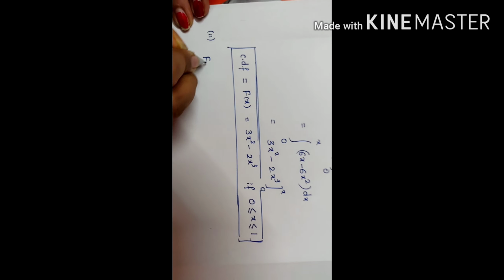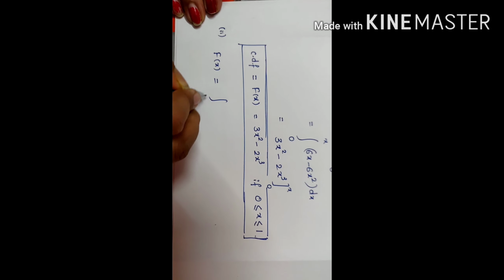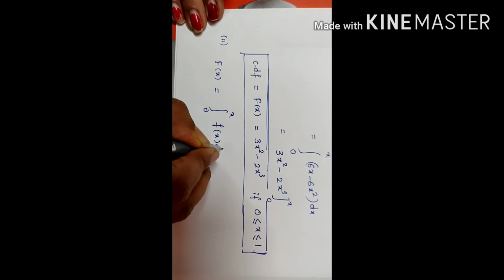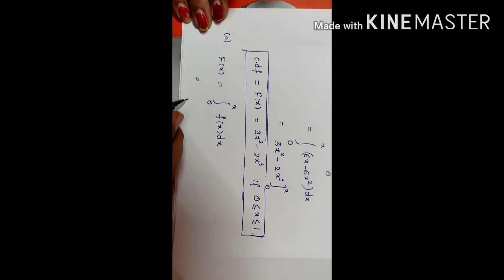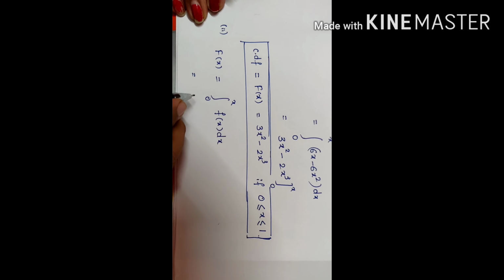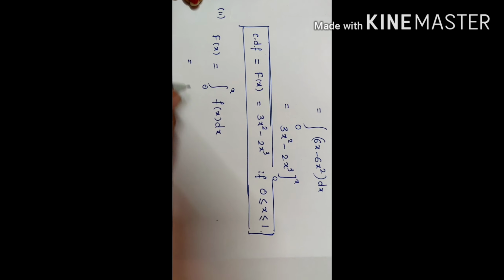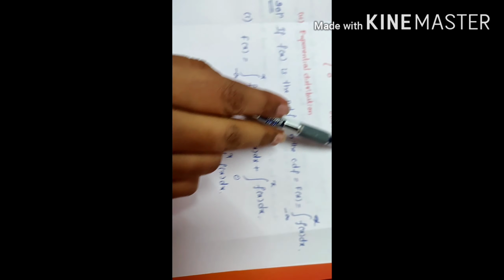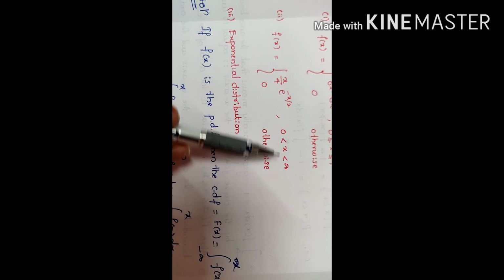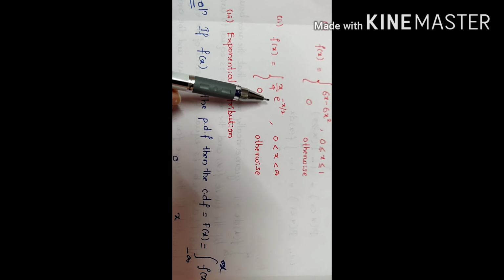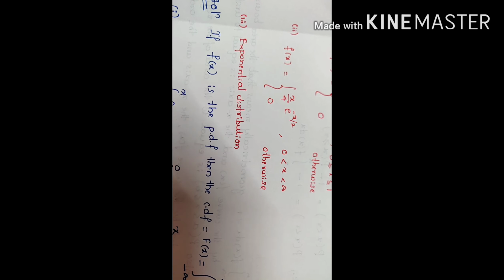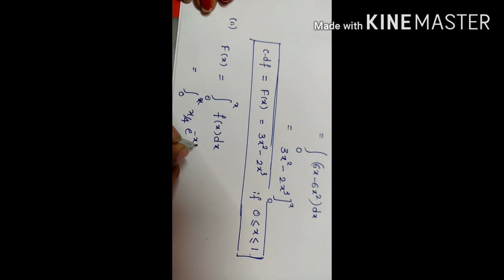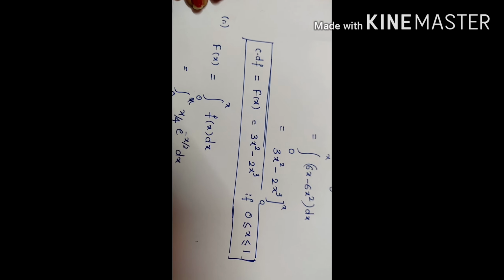Then for the second example, our CDF F of x is again the integral from 0 to x of f of x dx, as we did in the previous case. Directly I will write the function, because here also x lies between 0 and infinity, and between 0 and infinity the function is x by 4 e raised to minus x by 2. So from 0 to x, it is x by 4 e raised to minus x by 2 dx.